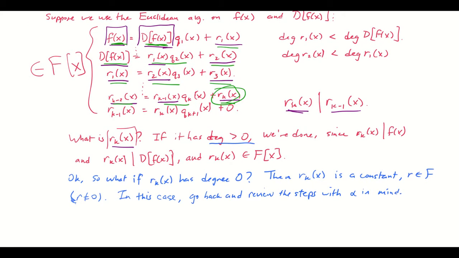So inductively, we can show that each r sub j of x has alpha as a root.